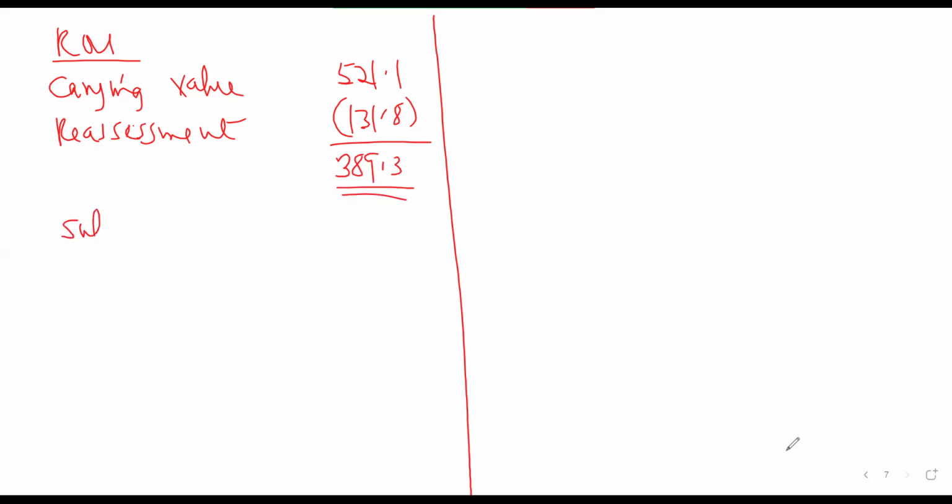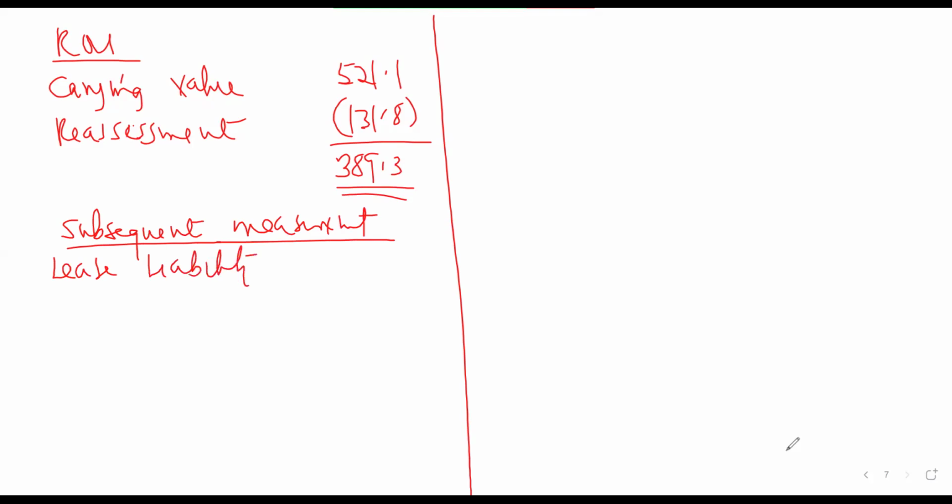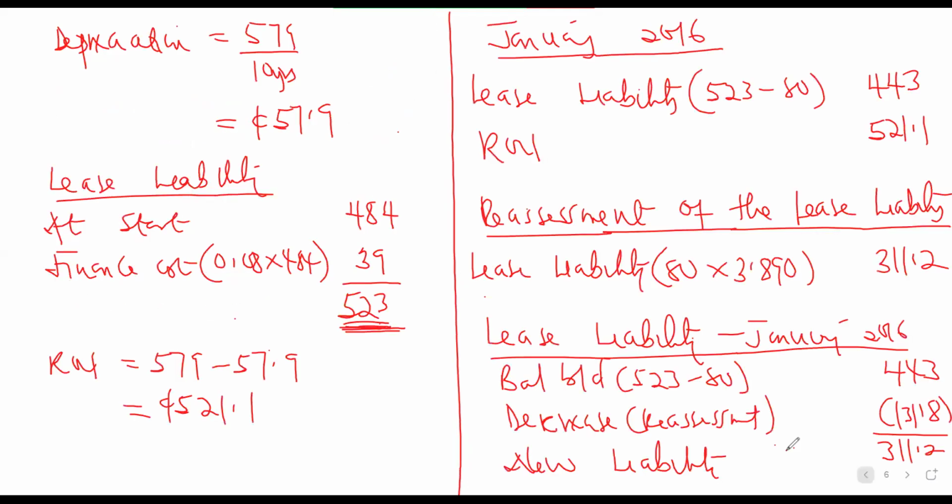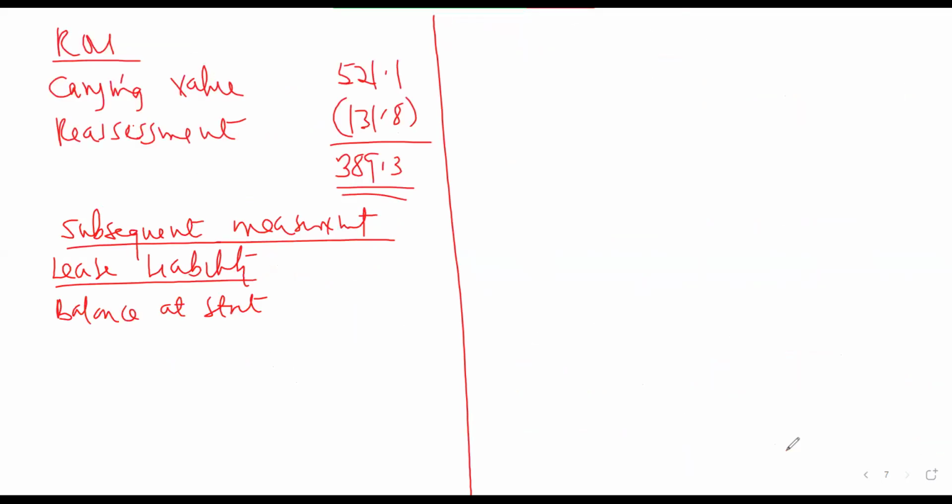Subsequent measurements at the end of this year, we amortize the lease and we depreciate the right of use. So we have the lease liability, we now amortize it by having balance as start. The balance as start will be the new amount that we have calculated, that will be 311.2.